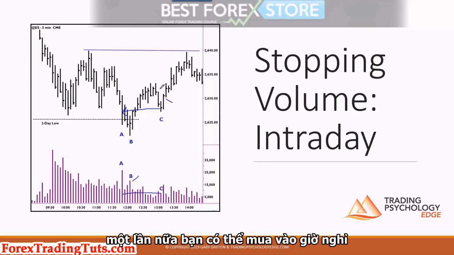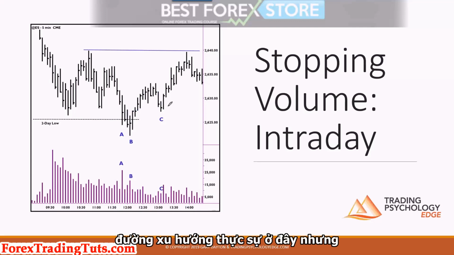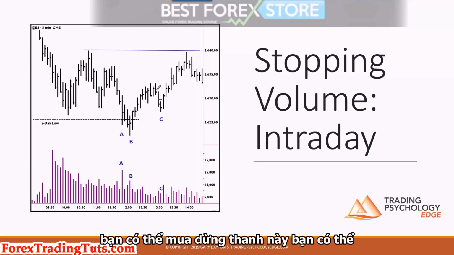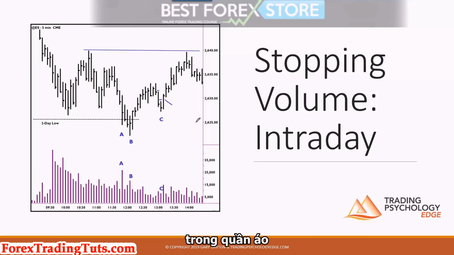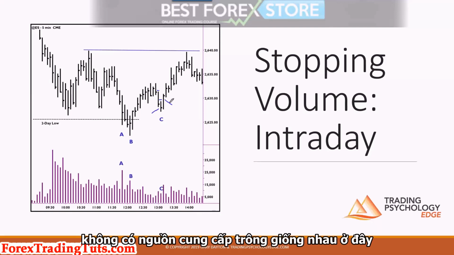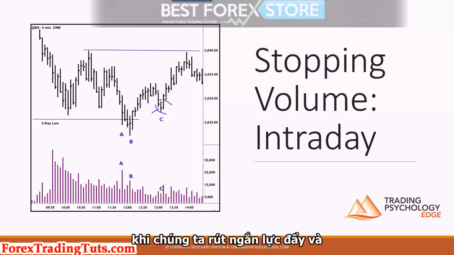So again, you could buy on the break of the trend line, which there's no real trend line here, but you could buy stop this bar, you could buy stop 2 bars back, you can just go in on the close. You can be aggressive and buy the no supply lookalike down here as we get shortening of the thrust and narrow range.